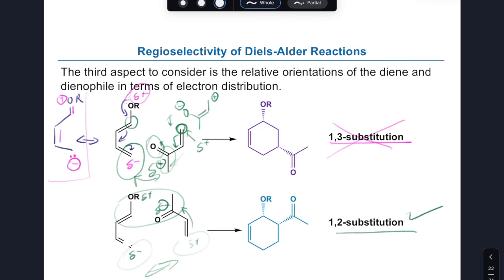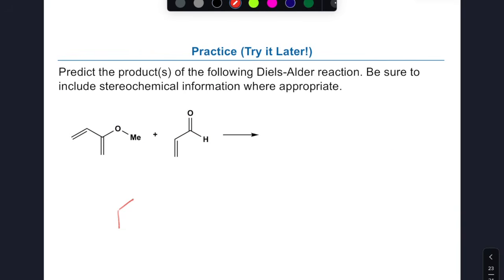So let's apply it in this case over here. If we have the same one, let me just draw this one out on the side. We can draw the donating groups again. If this one here was to push down and out, that's one geometry. So we get a delta minus, delta plus over here.